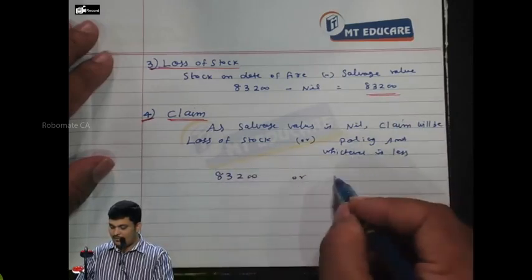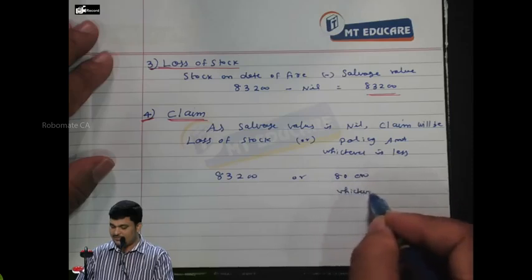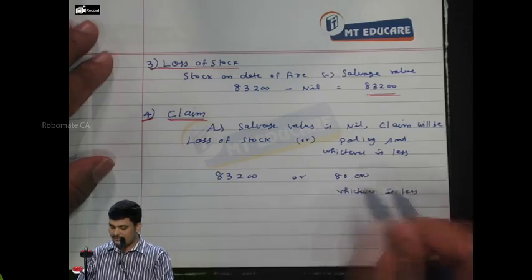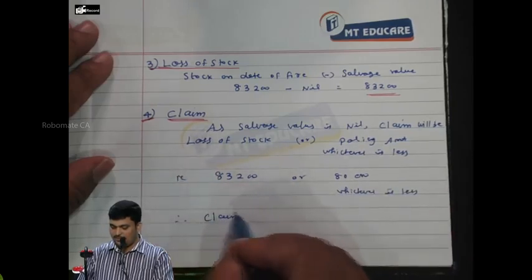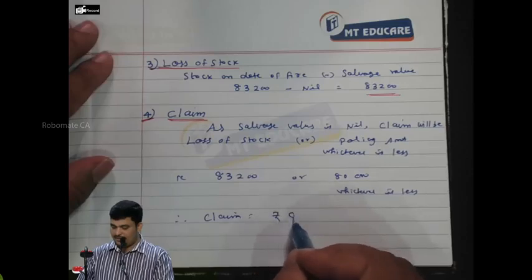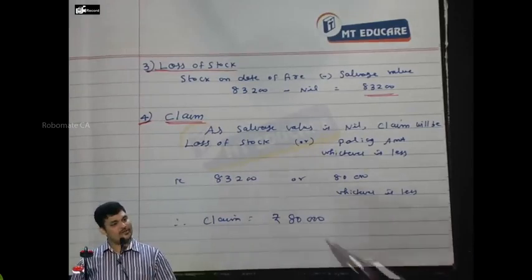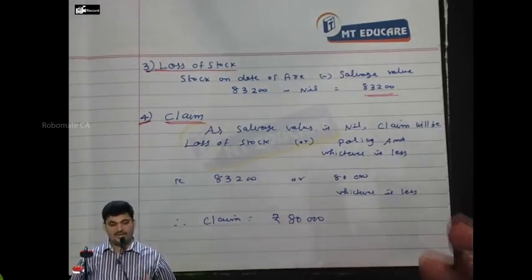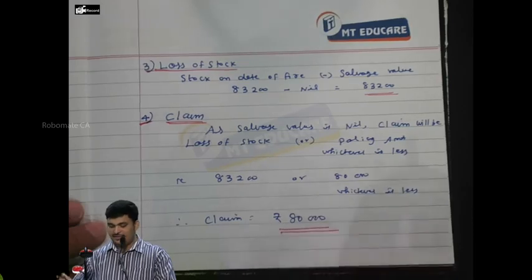Our policy amount rupees 80,000, whichever is less. Therefore, claim equal to rupees 80,000. Even if you apply average clause, then also you will get the same answer. You will be getting 80,000 as claim.